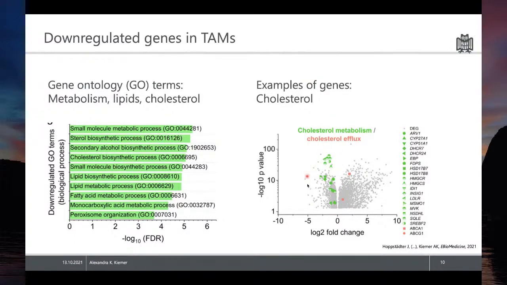And you see here that lots of genes which are important for the production of cholesterol are downregulated in tumor-associated macrophages, while on the other hand, we found an upregulation of genes which encode cholesterol efflux systems. So obviously it seemed that the tumor-associated macrophages try everything to keep the cholesterol levels down.